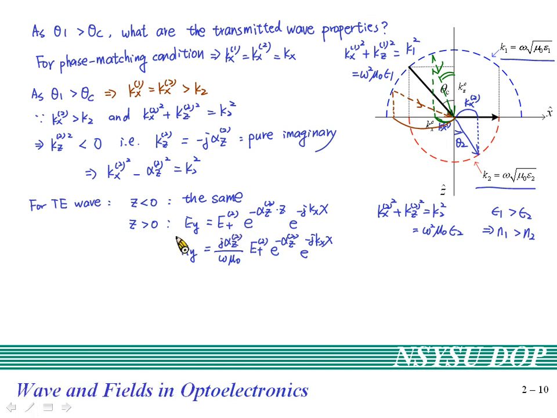Okay, from the expression of the EH field in material 2, the transmitted region, we can see that along the x direction, the wave property is exponential minus j kx x, which is a propagating wave.